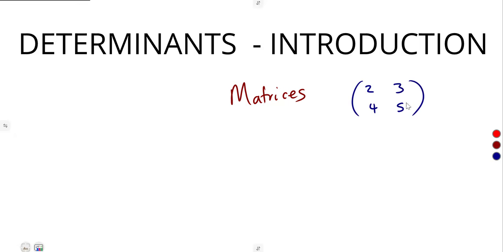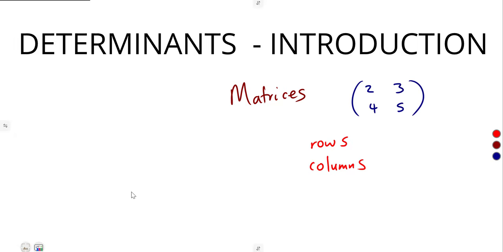This presentation is a matrix presentation. So we have the matrix 2, 3, 4, 5, which has rows and columns. You refer to it in terms of how many rows and how many columns we have.